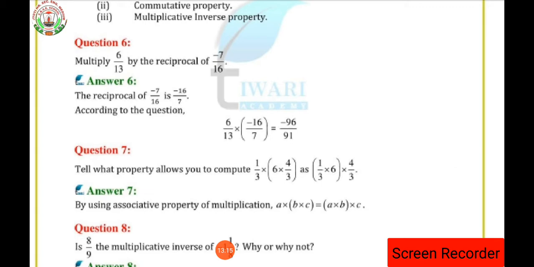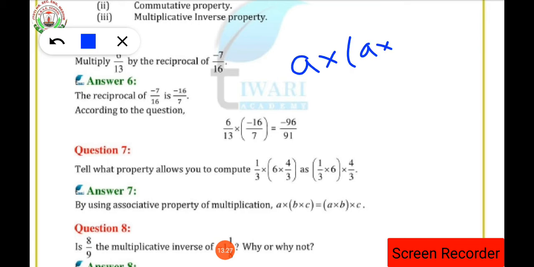Tell what property allows you to compare. Here we are having the question 1 by 3 into 6 into 4 by 3, isn't it? So which property will it be? Since a multiplication sign is present between the numbers, it will be a property under multiplication. But which property under multiplication? Let's see.